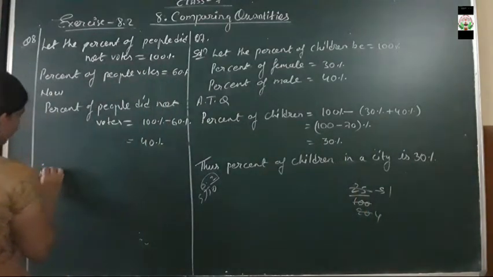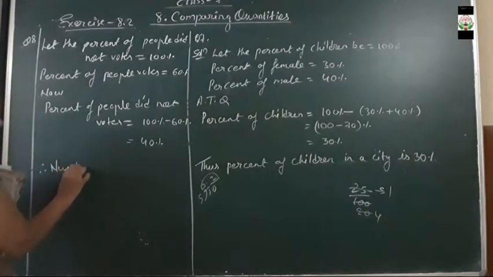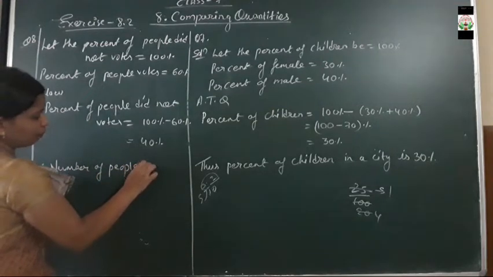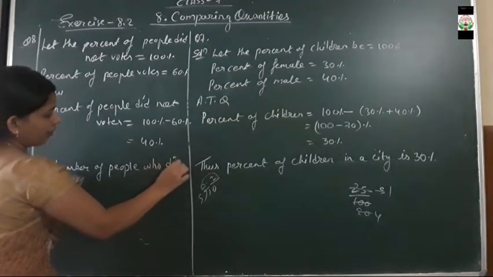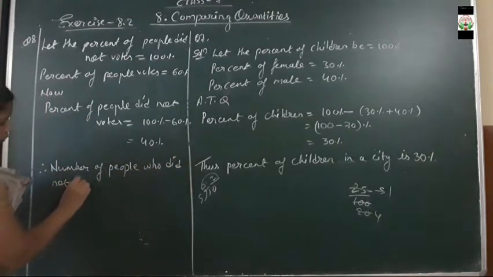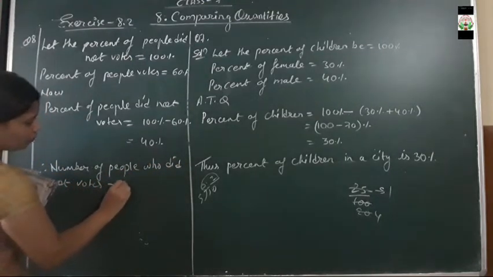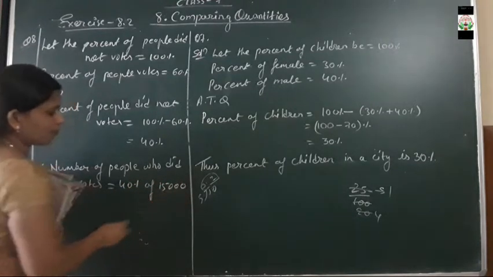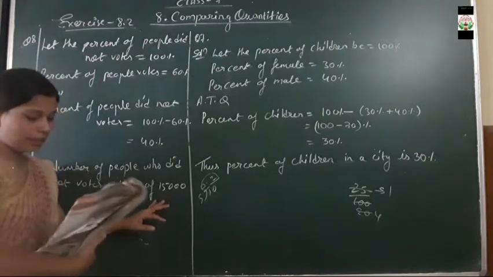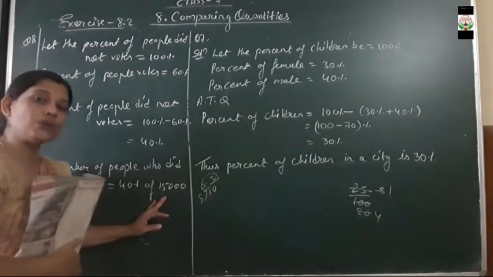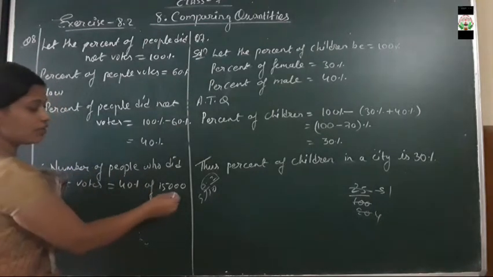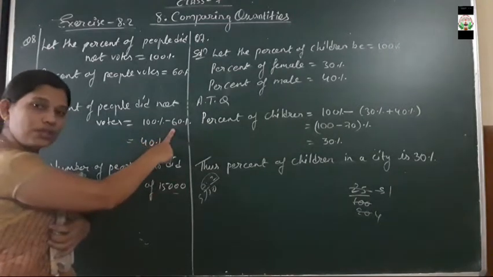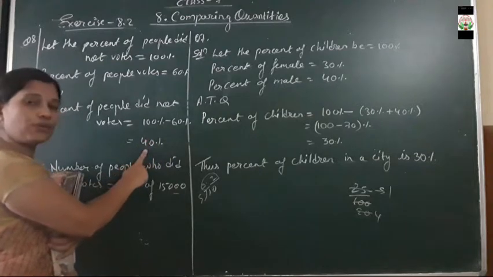Therefore, number of people who did not vote is equal to 40% of 15,000. 40% of 15,000, that means here 15,000 is the total voters in that city. Okay, total strength उस सिटी का कितना है, 15,000 है, उसमें से 60% ने वोट दिया है, 40% लोग जो हैं वोट नहीं दिए हैं.